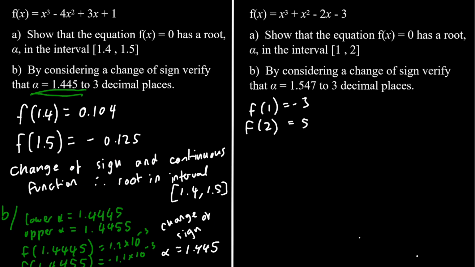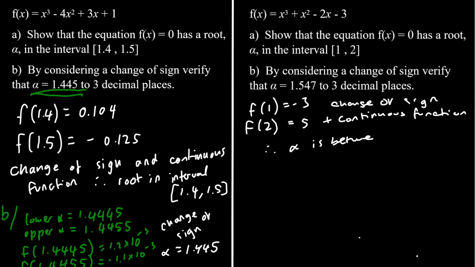So we've got a change of sign, and it's a continuous function. Therefore, alpha is between 1 and 2. By considering a change of sign, verify that alpha is 1.547 to 3 decimal places.